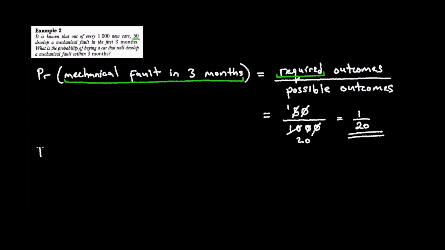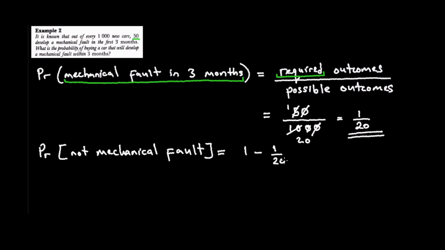So the probability of not mechanical fault is equal to, here you can say it's just equal to 1 subtracting the probability of mechanical fault, which is 1/20. Your correct answer is 19/20.